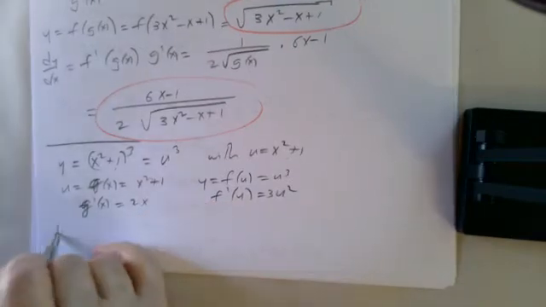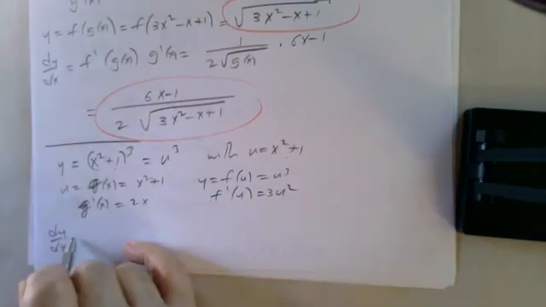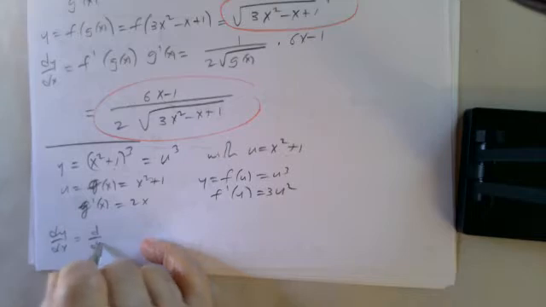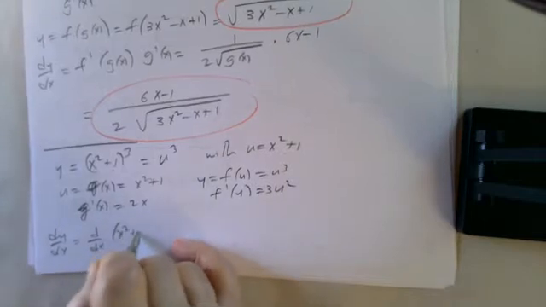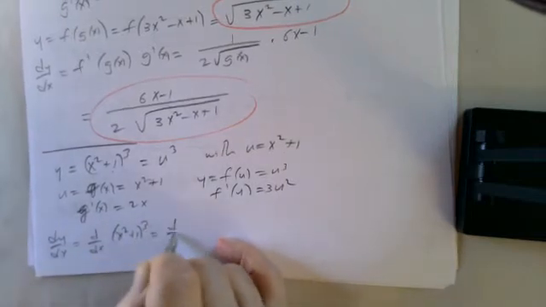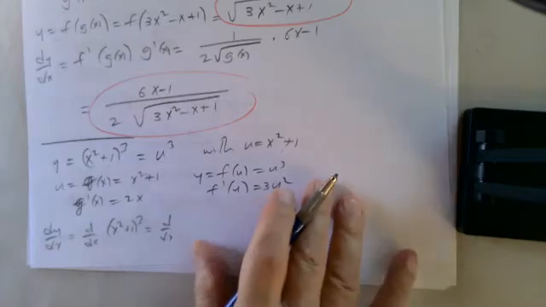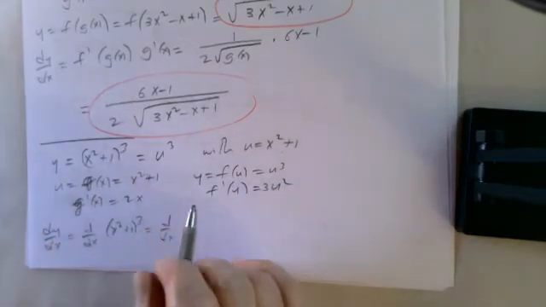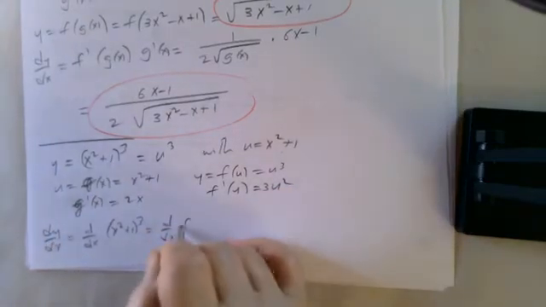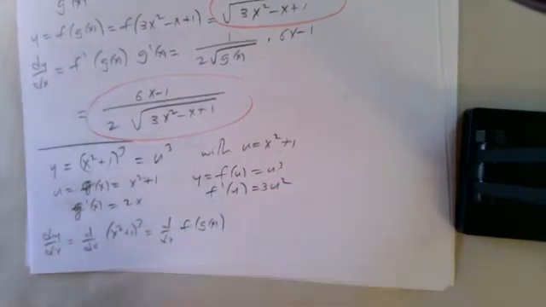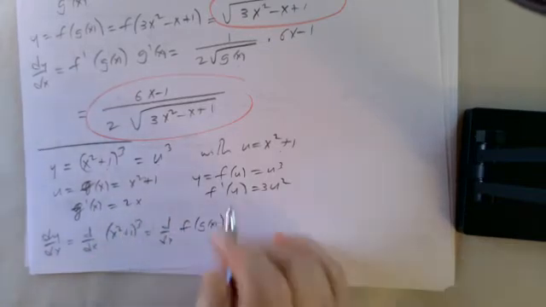So by the chain rule, dy/dx, that's the derivative of (x squared plus 1) cubed, which is f of g of x. g of x is x squared plus 1, and then I'm cubing it.